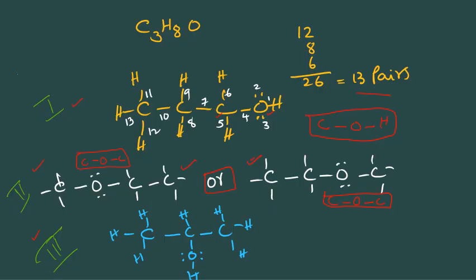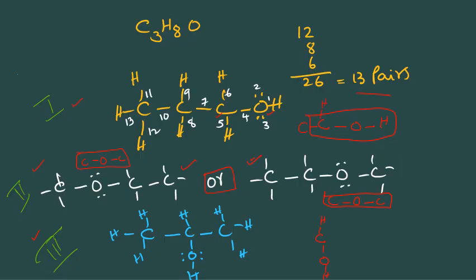Okay, so here in the third one, I can see that one of the carbon is connected to oxygen and hydrogen. And this oxygen is connected to hydrogen. So this carbon, in this case, maybe you are thinking this is also connected to carbon, oxygen, and hydrogen. Of course, carbon, oxygen, and hydrogen. But that carbon is connected to another carbon, right?